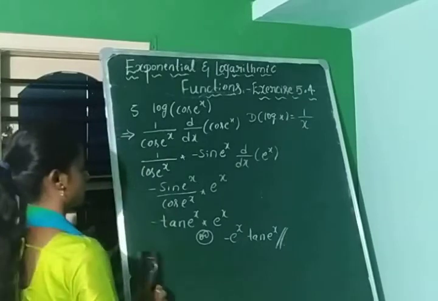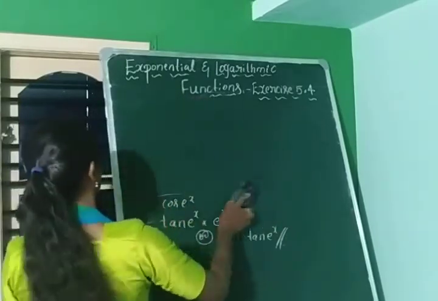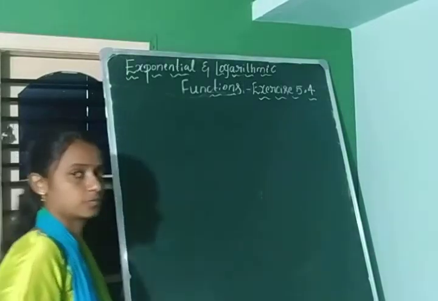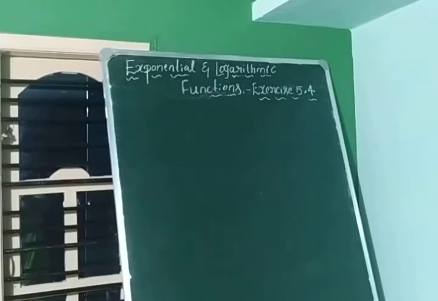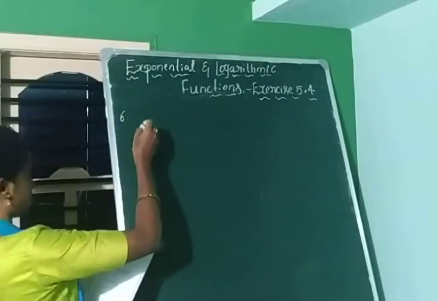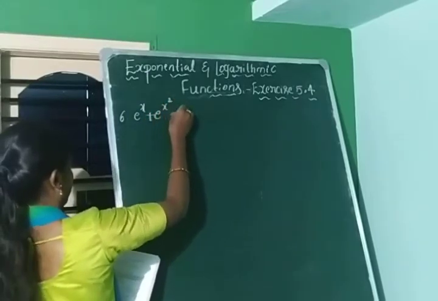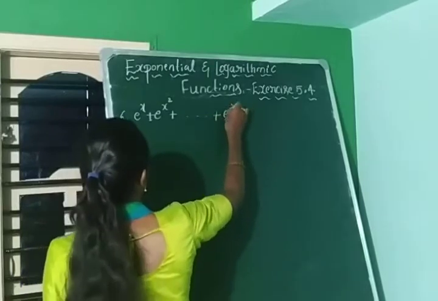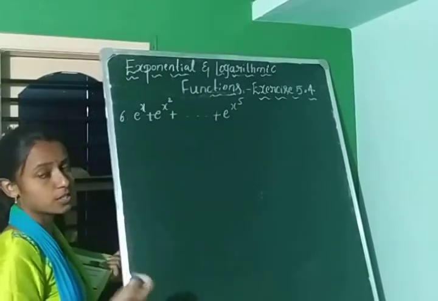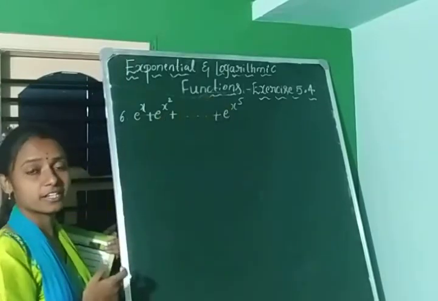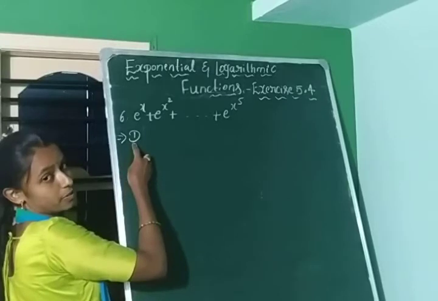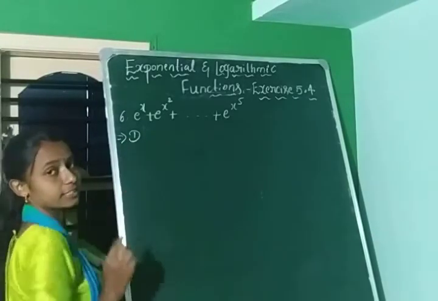Sixth one is a sum of exponential terms. So for the derivative of a sum of terms, we can differentiate separately. I'll write it directly with a caps D; this D is nothing but d by dx.